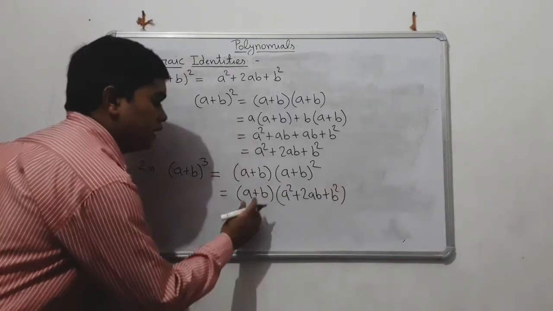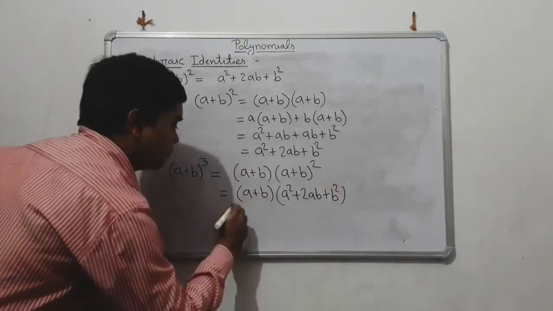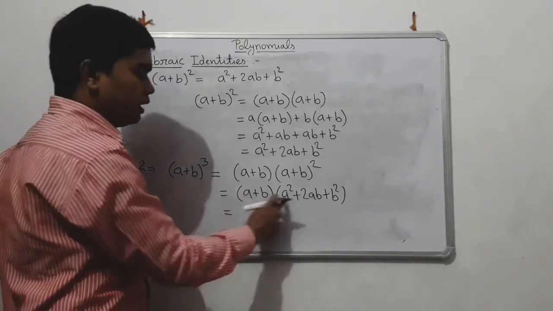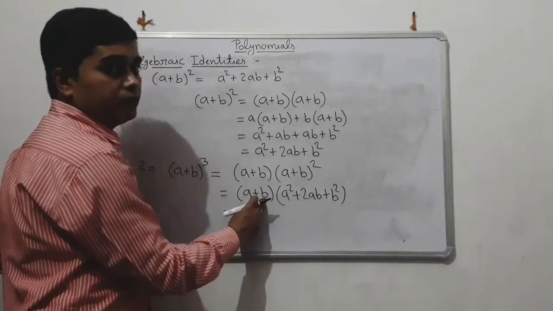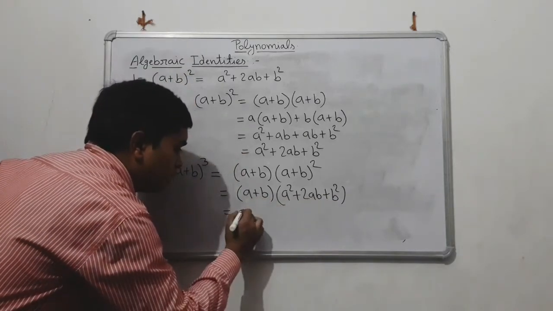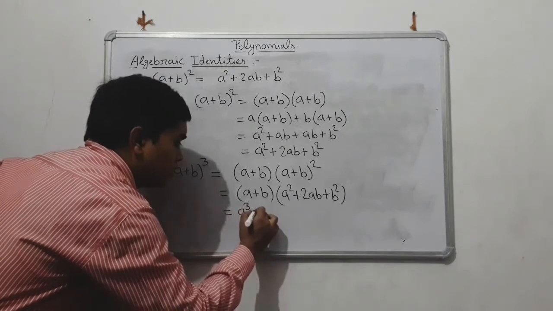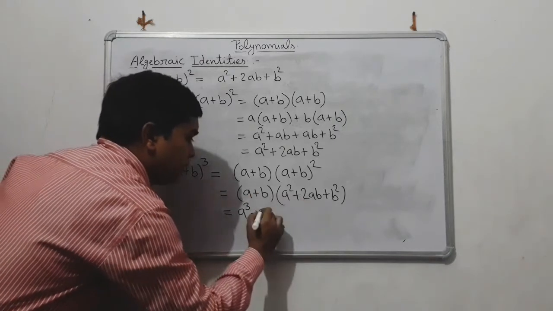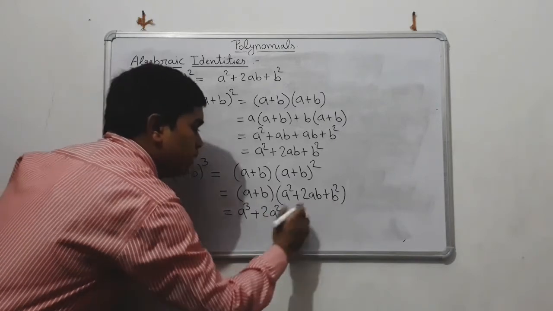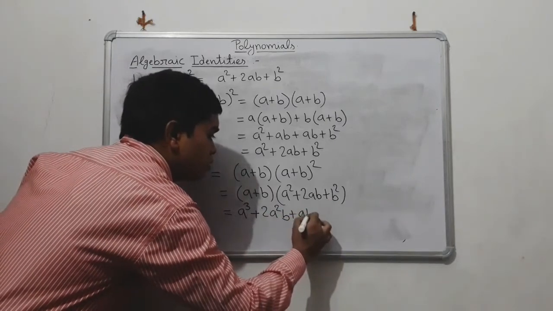Now multiply (a plus b) by (a square plus 2ab plus b square). So first we will multiply by a in all three terms and then by b in all three terms. So multiply a into a square you will get a cube, plus a into 2ab you will get 2a square b. Then a into b square you will get ab square.